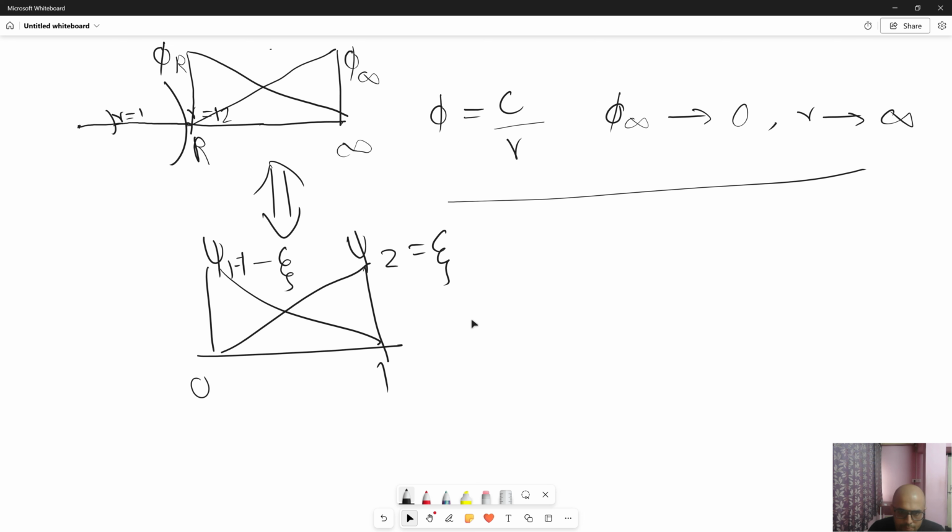And so basically you have this mapping r of psi is equal to R, which is the radius at which you are truncating your boundary, upon 1 minus psi, right? So as psi tends to 0, you recover R, and as psi tends to 1, you are recovering infinity.